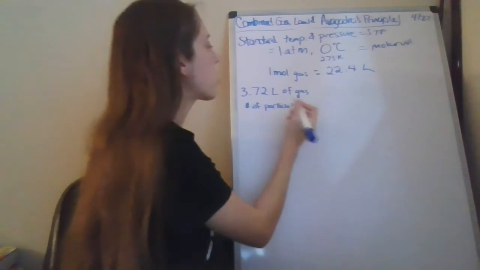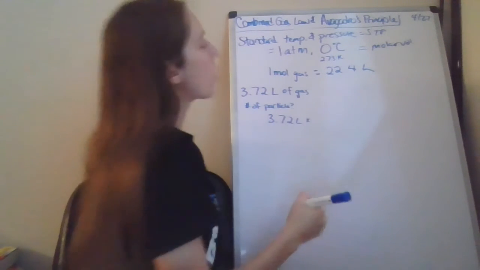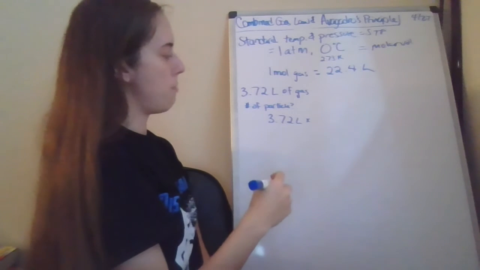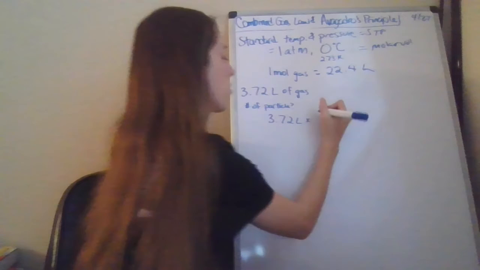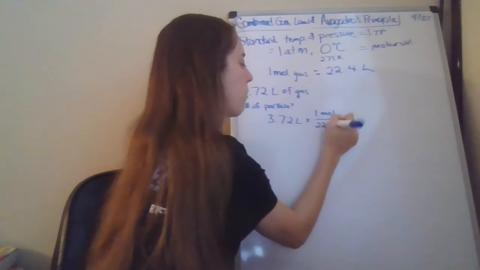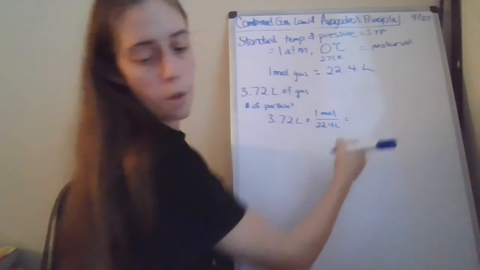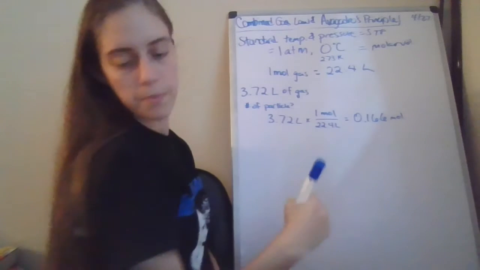We just convert. We want to go from liters to moles. And so we're going to need to put liters on the bottom and moles on the top, because moles is what we want. So 1 mole equals 22.4 liters. So we convert this, we end up with 0.166 moles.